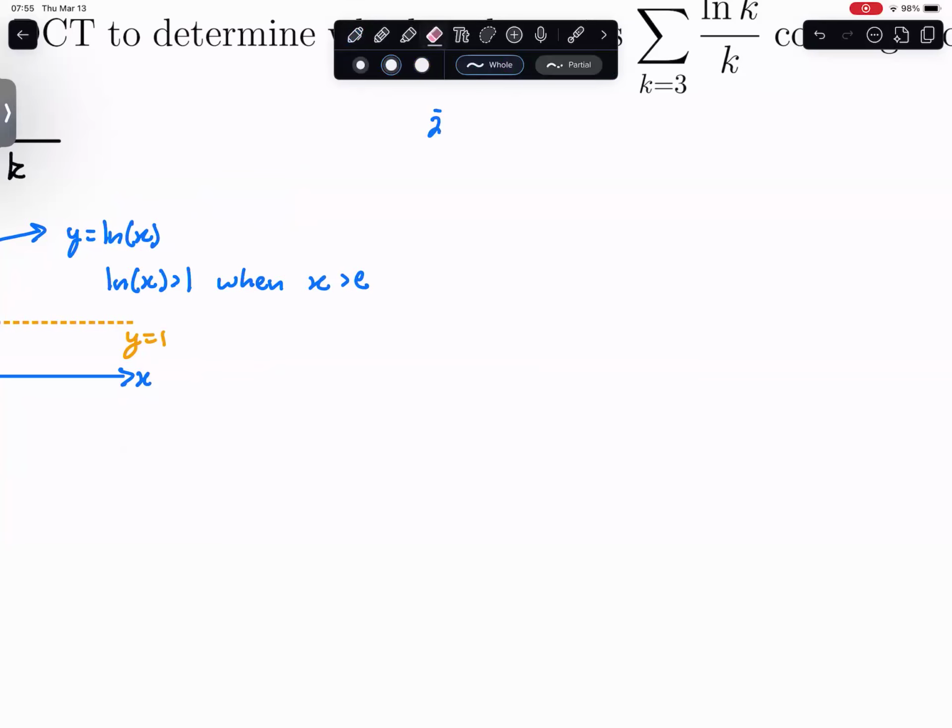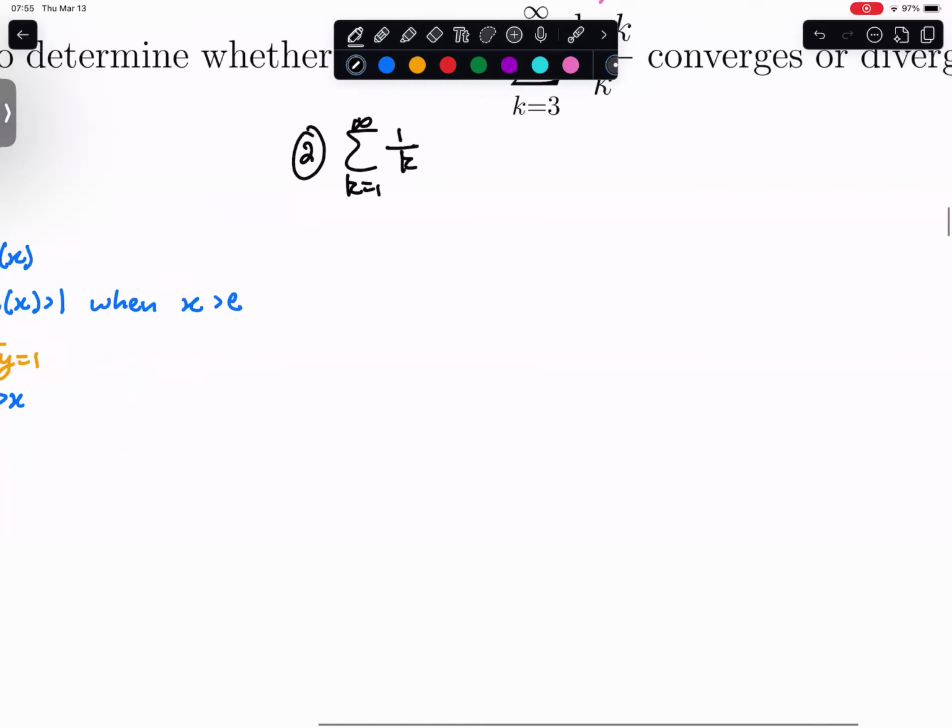Now, the series that we're comparing with, this is the harmonic series. And we already know that this series is going to diverge from the previous example. So the series that we're comparing with, the sum of 1 over k from 1 to infinity, I already know that this series diverges.